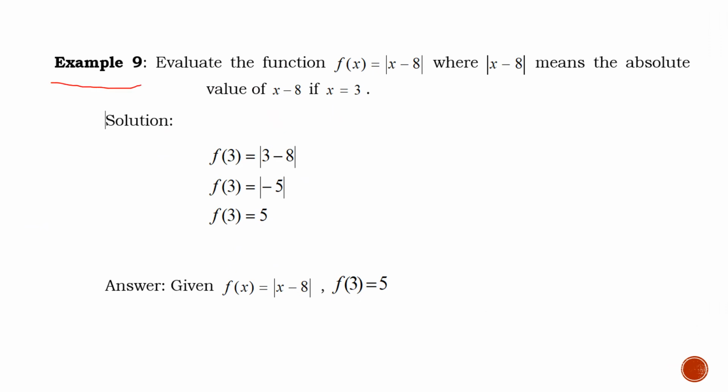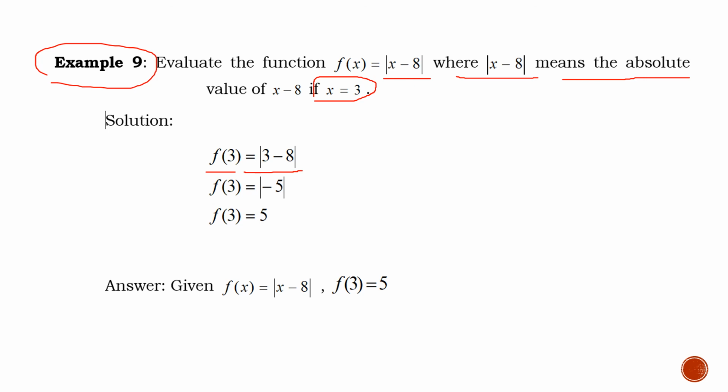So for example number 9, evaluate the function f of x is equal to the absolute value of x minus 8, if x is equal to 3. So we just simply substitute the value of x, which is positive 3, to the variable x in the given function. So your f of 3 now is equal to the absolute value of 3 minus 8.